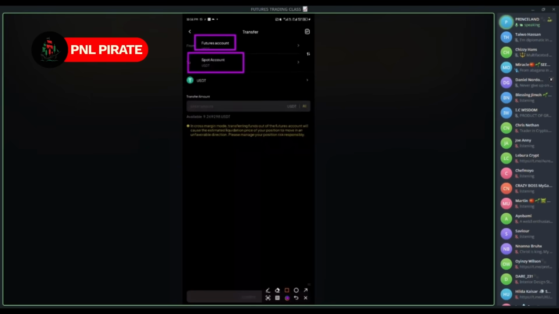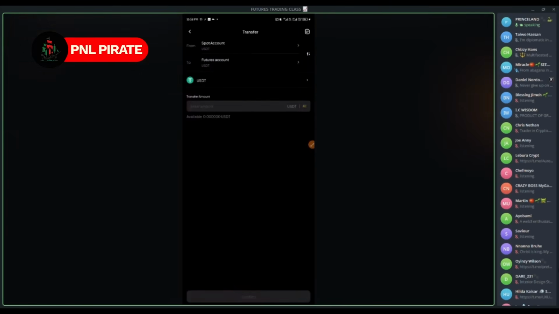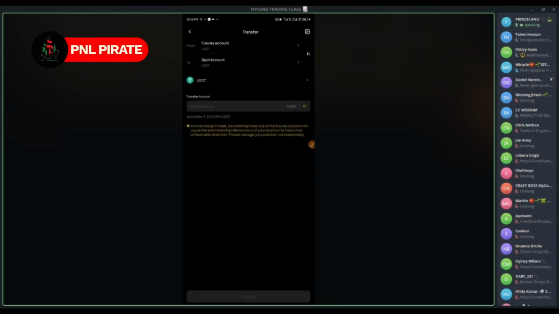Now you can also transfer out. When you want to transfer out, you do the reversal with this button. This is the button you use here. Do you see now? So you can come here and say like this. You can transfer from anywhere to anywhere. Do you understand? You cannot withdraw features to other exchanges directly. You must move the money to your spot account before you can transfer out.